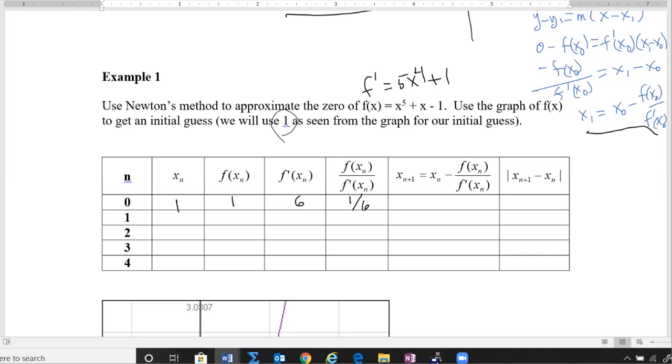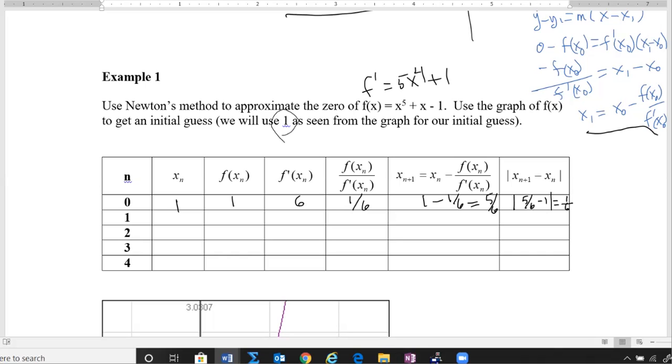It would be the xn, which is 1, minus the 1 over 6. So that would be 5 over 6. Now down here is the difference between the two successive estimates. So for this first one, it would be 5 over 6 minus the 1, which is 1/6.